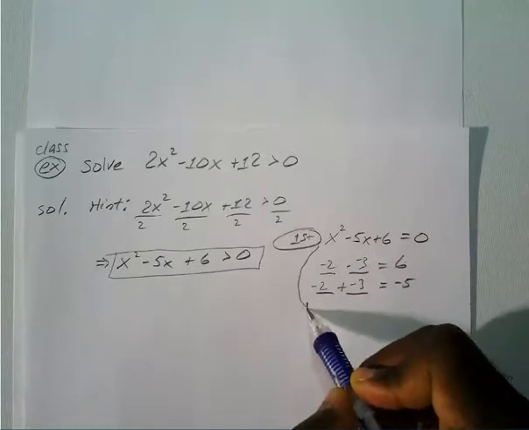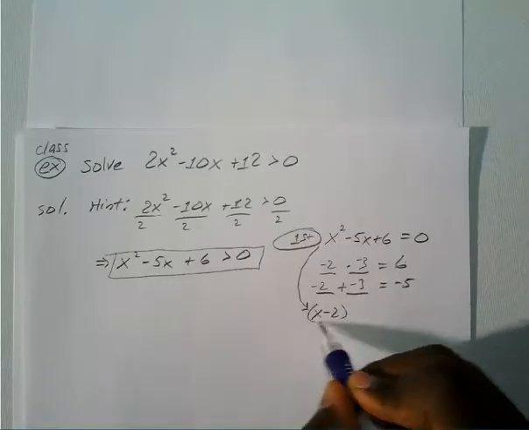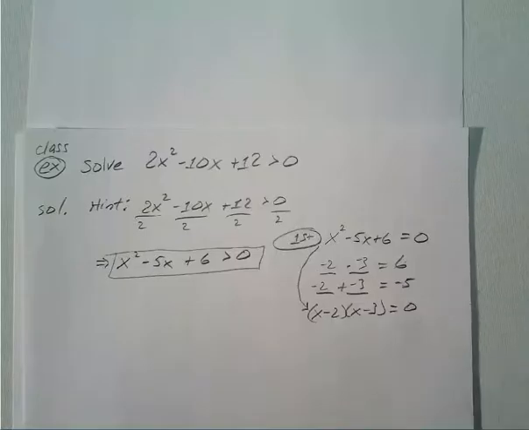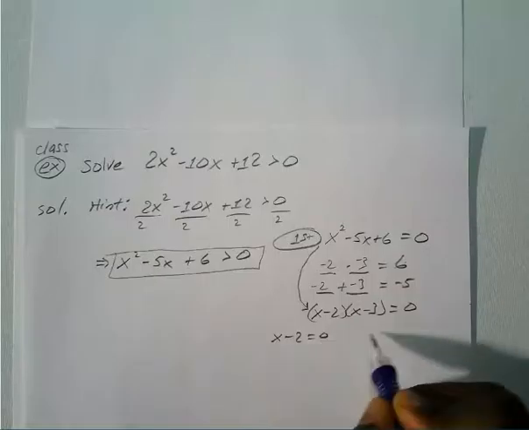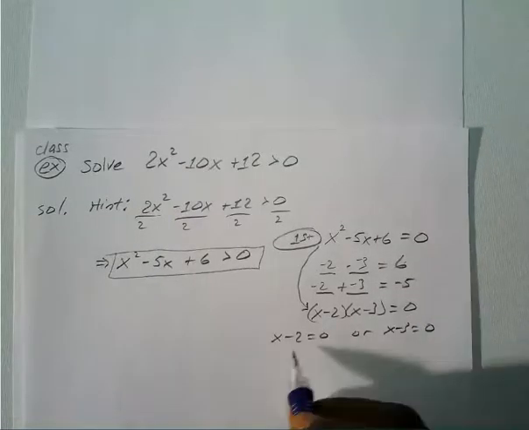So this factors to become x minus 2 times x minus 3 equals 0. So we have x minus 2 equals 0, or x minus 3 equals 0.